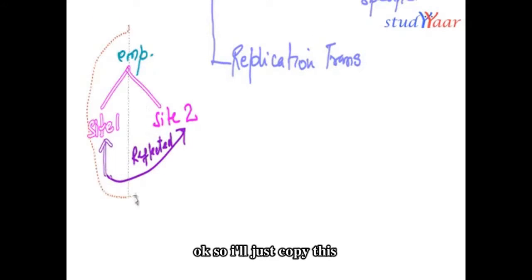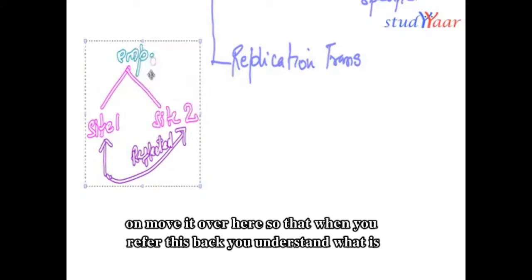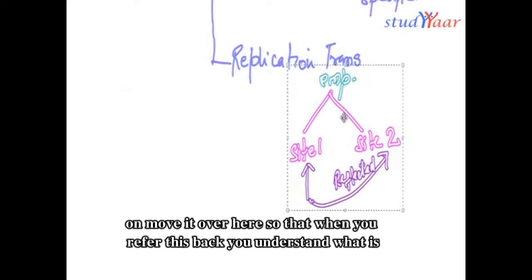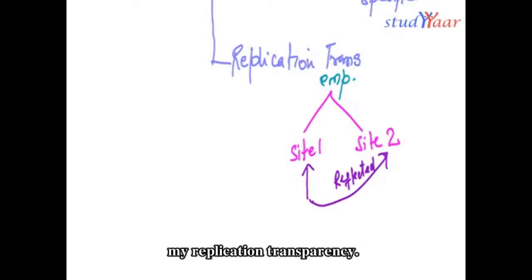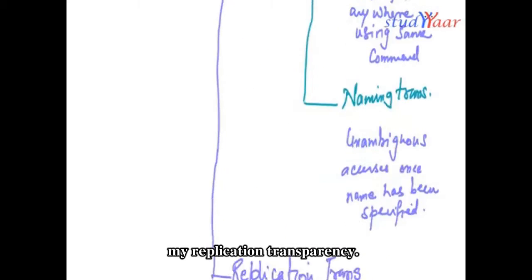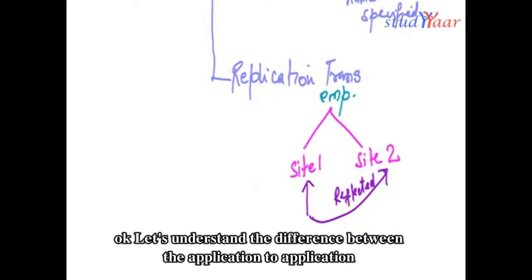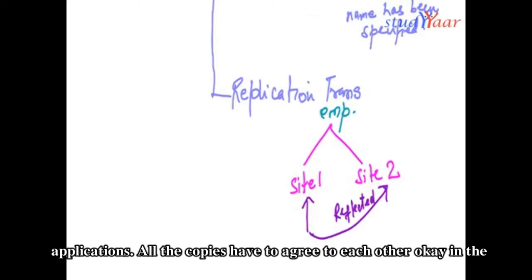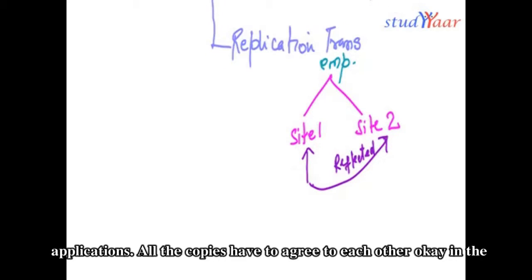I'll just copy this and move it over here so that when you refer back, you understand what replication transparency is. Just understand the difference between replication and duplication. In replication, all the copies have to agree with each other.